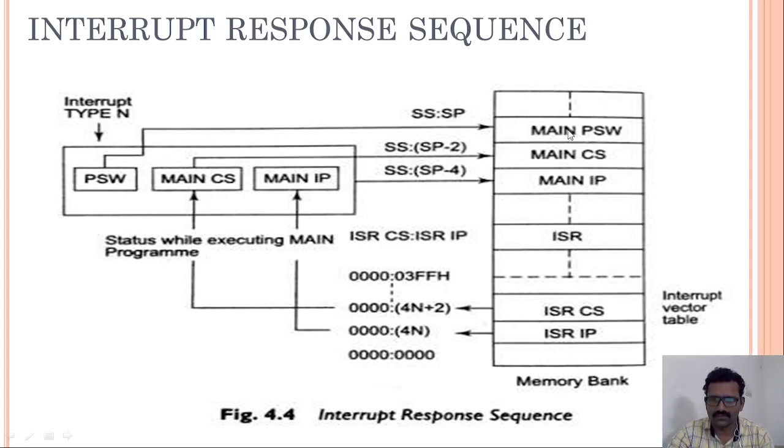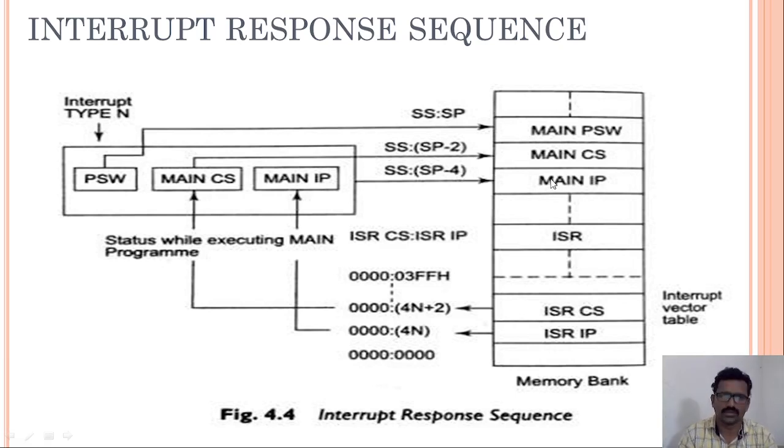First, when an interrupt occurs, the flag register contents will be stored in the stack, and whenever a push operation is performed, the stack pointer will be decremented by 2 in 8086. In that location the main program base address, which is in the code segment register, will be stored, and then SP is decremented by 2 again, then the contents of the instruction pointer are stored in the stack.